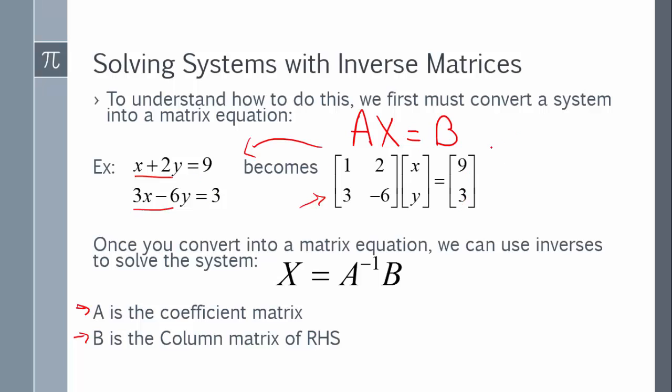So it sort of makes sense. Now, once you get it in this form, the way we solve for the x and the y is we use this little rule. In class, I'm going to algebraically show you and prove why this works, but for right now, through the video, just trust me that this is how it works. X, the variable matrix that I defined here, equals A inverse times B. Remember, order matters.